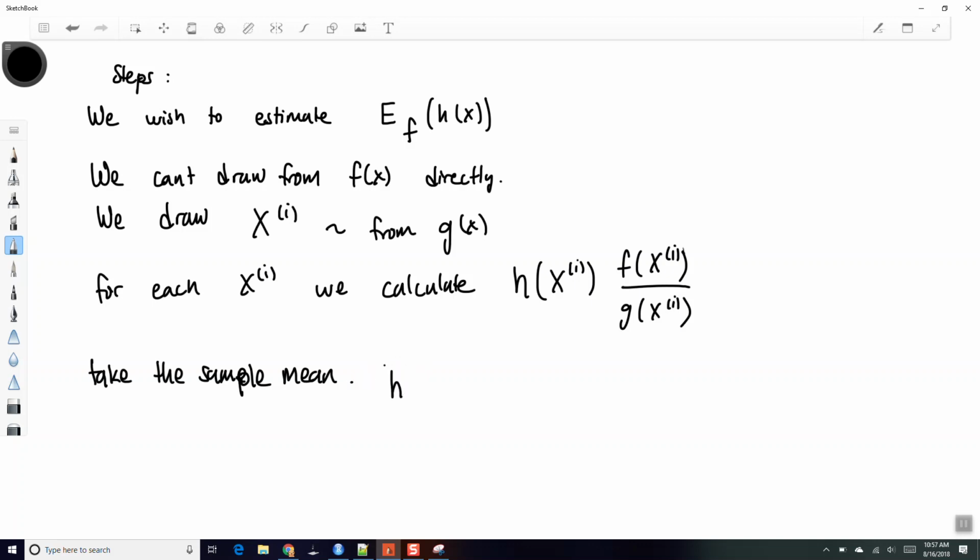Okay, and then we get h bar sub n, which is equal to 1 over n times the sum from i equals 1 to n of this term.